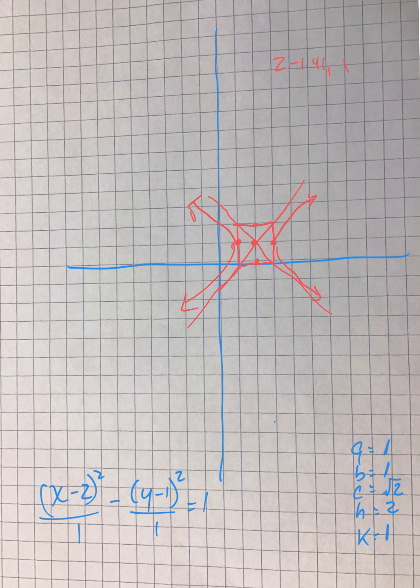So that's right here. And right here is the other one, which is 2 plus 1.41, 3.4, comma 1. Okay, the transverse axis is 2, and the conjugate is 2. So we do need to write that stuff down, right? Yeah, and then the direction of the opening is left and right.